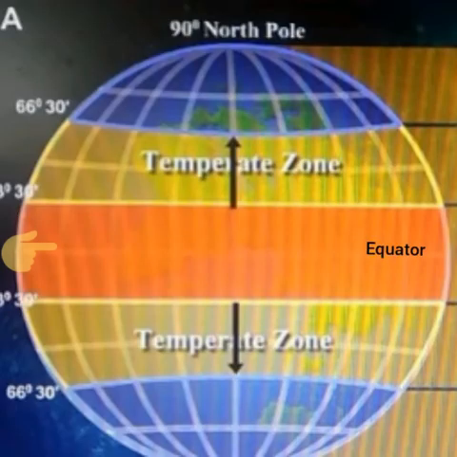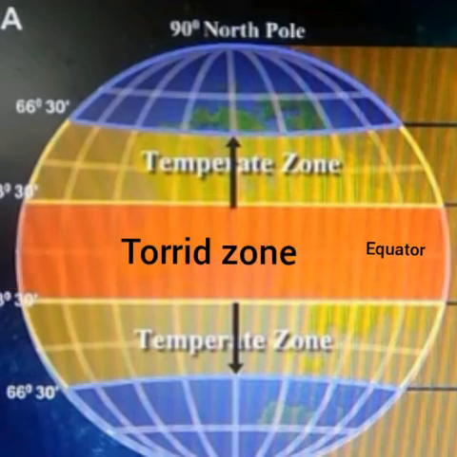Here, children, in this diagram, we can see a middle line at the center. This is our equator. If we go away from the equator towards the north till 23 degree 30 minutes north and down till 23 degree 30 minutes south, this area is called the torrid zone.